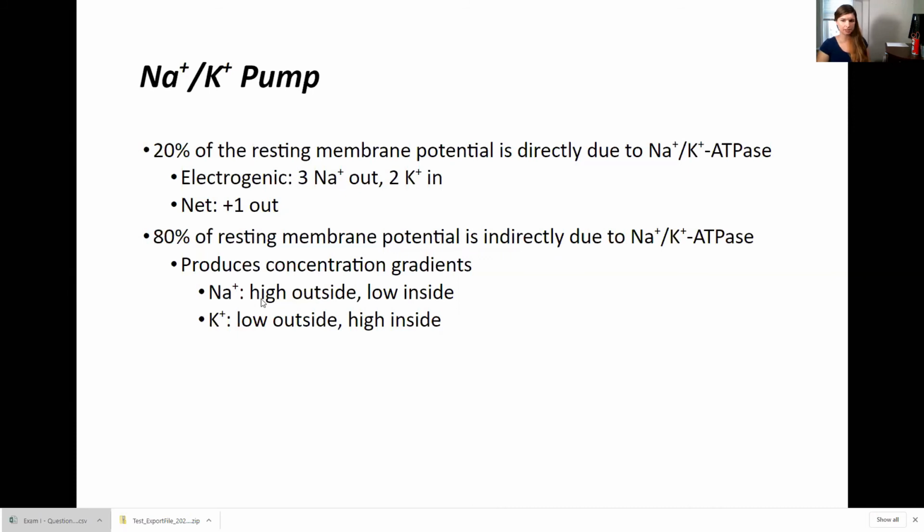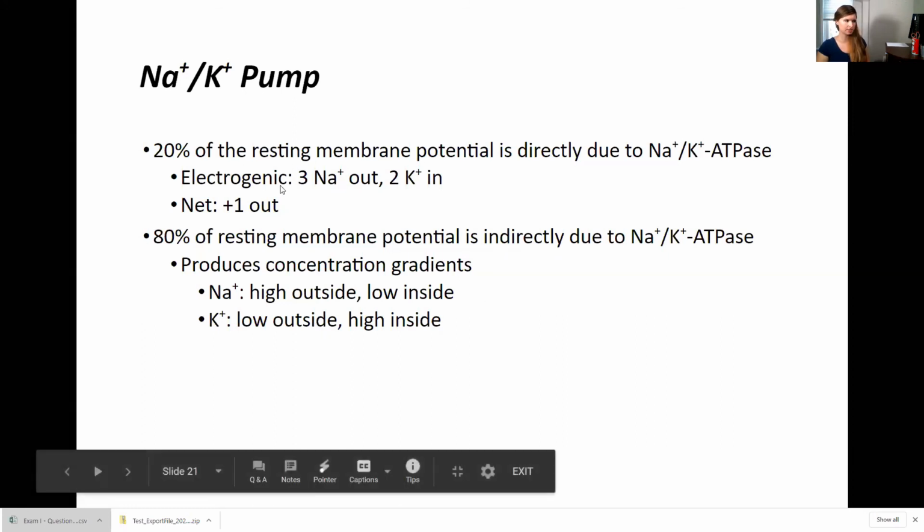So we want to remember that for the concentration, our sodium has a high concentration outside, a low concentration inside. Our potassium has a low concentration outside, because that's where we've been getting our potassium to move in. So we have a high concentration inside. So 20% is just about the charges, and then 80% is going to be using those concentration gradients and seeing those effects.